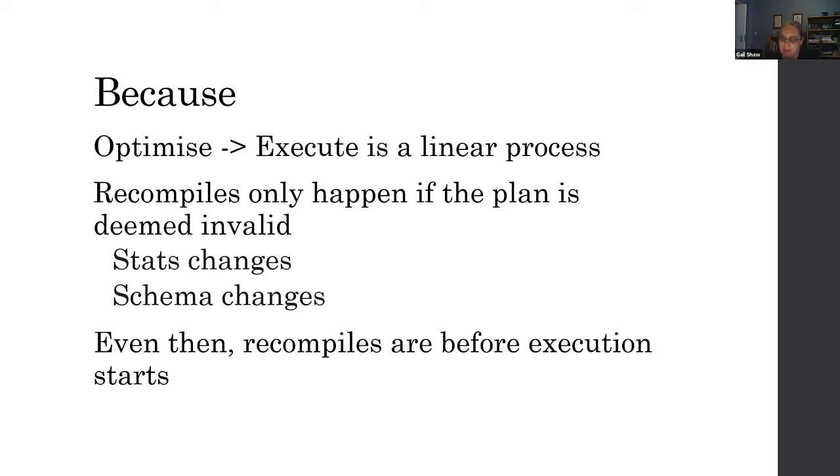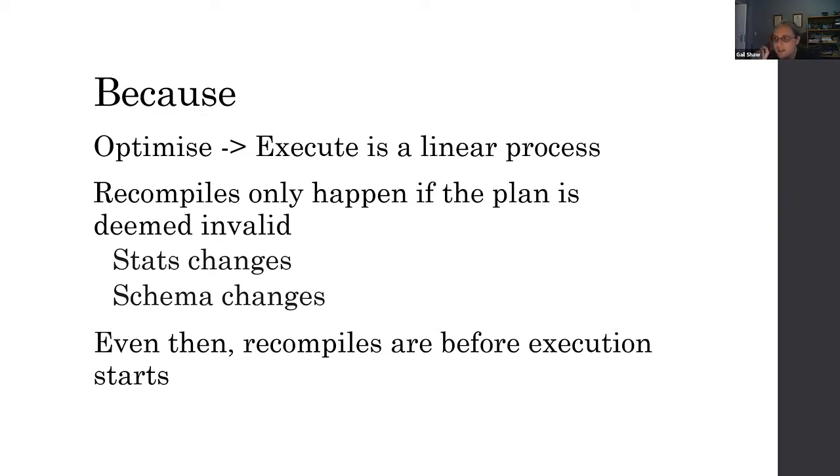But even if that happened, those recompiles occurred before the execution started. The process was: fetch the plan from cache, validate it, and that validation is checking statistics changes and schema changes. If the plan is valid, run it. The query processor had no ability to say, partway through execution, this nested loop was estimated to run 10 times, I've so far run it 10,000, this plan's wrong.